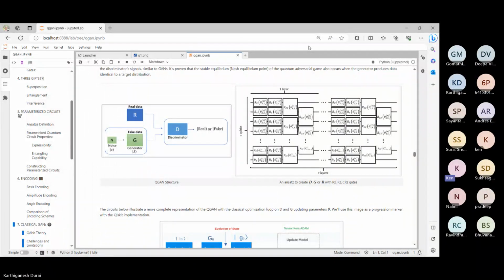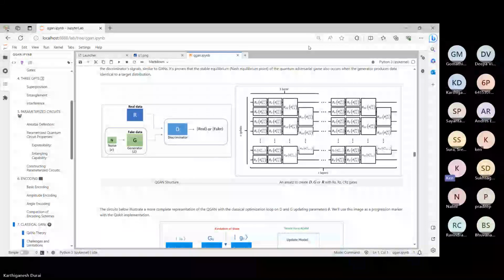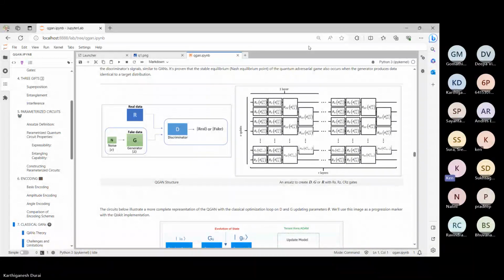And what the discriminator produces is also state vectors, either real or fake. The image to the right, the ansatz, is just an example of how we'll create the generator, the discriminator, and the real data encoded. Now scroll down, KG, to the image below that.